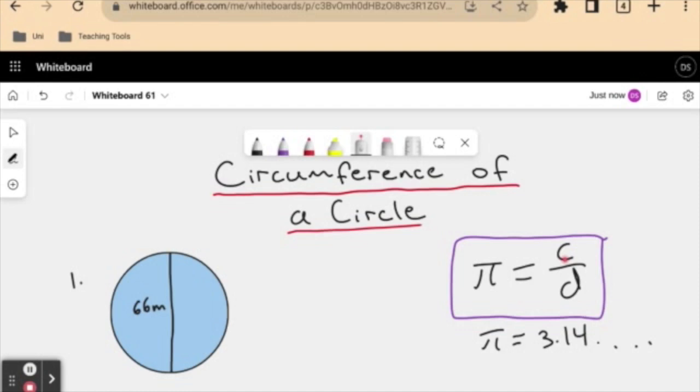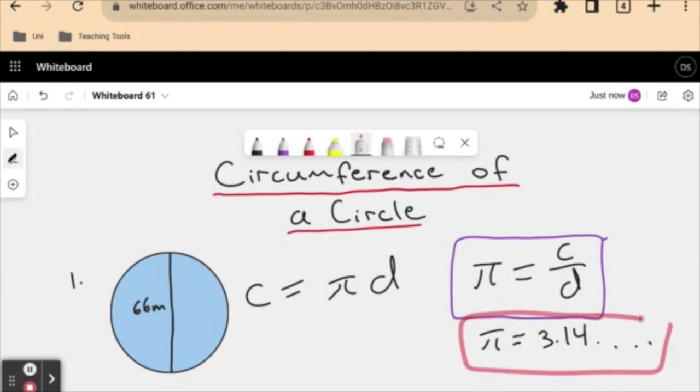Now, if our circumference divided by our diameter gives us pi, we can think of our circumference as being equal to pi times our diameter. And we know that pi is about 3.14. And on your calculators, if you've been given a scientific calculator in school, you will be able to generate the constant pi. So this will give you a far more accurate result.